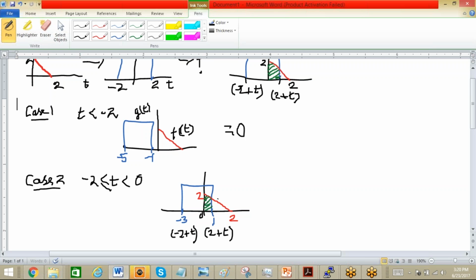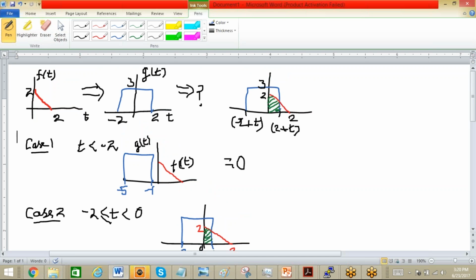If you have a closer look at this function, f(t) is somewhat equal to minus t plus 2. If you want to understand the different functions, we will have a different class for the same.